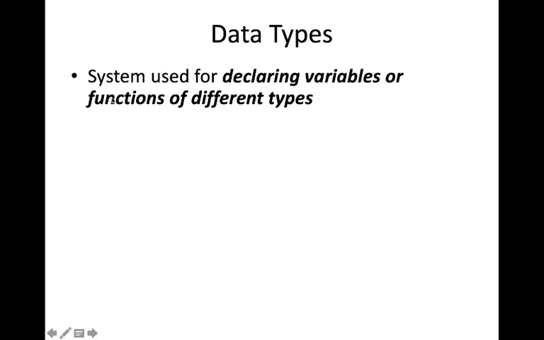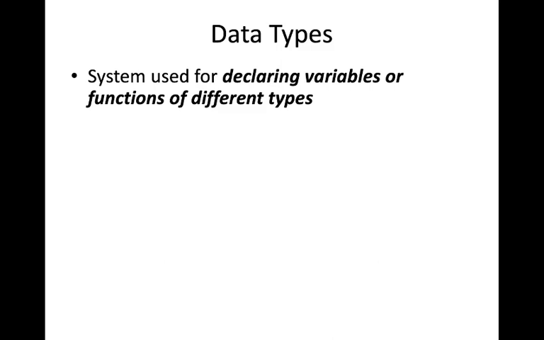It is actually a system used for declaring variables or functions of different types. When you have written these algorithms, you have already had to read two values when you want to find the biggest among two numbers. So first you have to read two numbers.